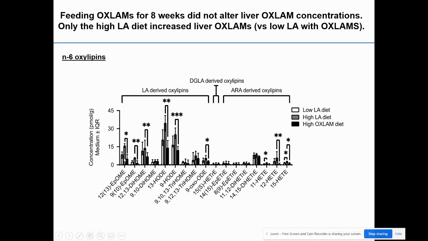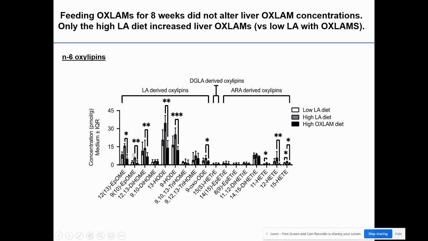As you can see, the y-axis depicts concentrations. This is the low LA group, and the middle bar is the high LA group, taking this OXLAM as an example. When you increase LA in the diet, you can see that the liver OXLAMs increase. But when you feed the mice OXLAMs, their liver OXLAMs don't change compared to the low LA diet, the control.